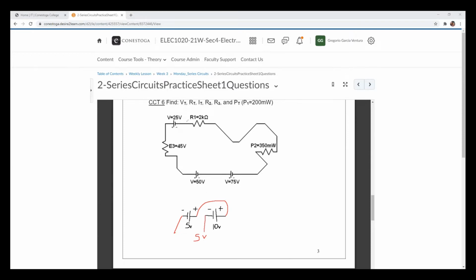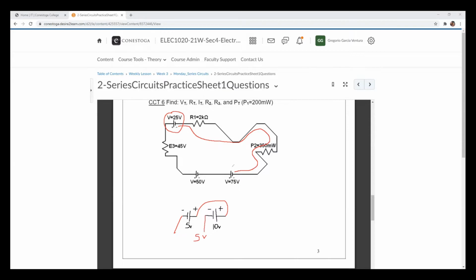Now, when you look at a problem like this, you got to go around the circuit and you have to determine whether we have additive or subtractive polarity. So if you look at this, let's say that we are going to start from this 25 volt power source. So we have that this negative is connected to, so let's follow along the circuit. Negative is connected with negative.